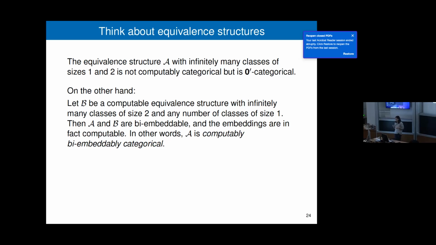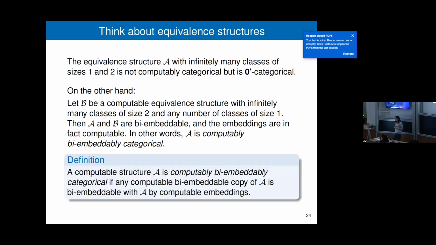In some cases, this was easier to deal with, and I will show you some examples where it was easier than with classical computable categoricity. This is the usual definition of computable categoricity with isomorphisms substituted by embeddings.